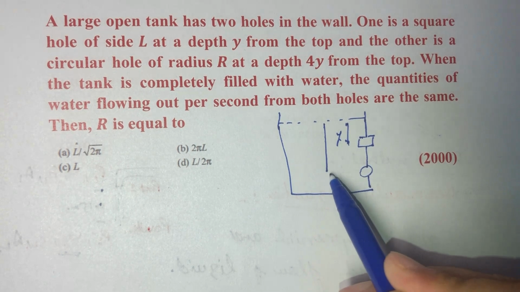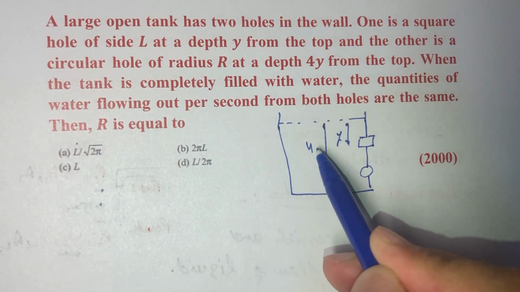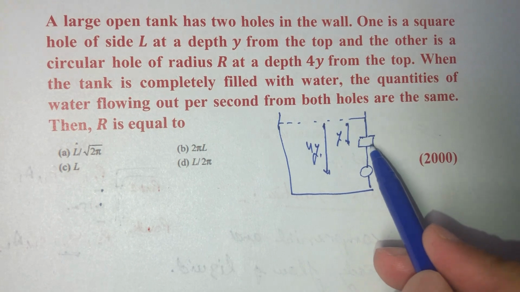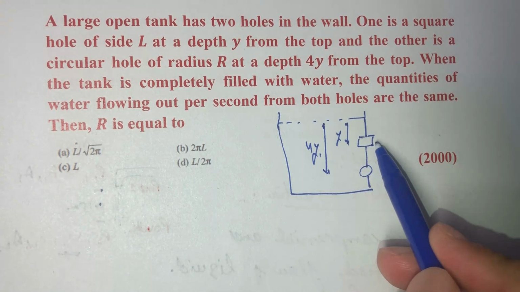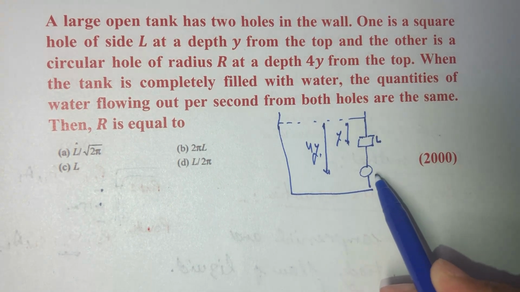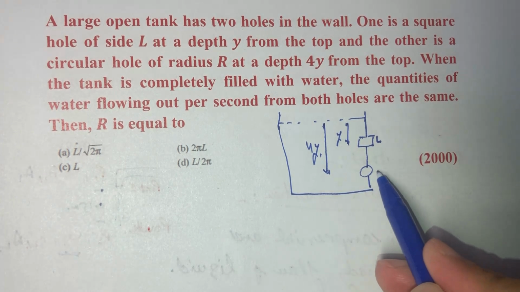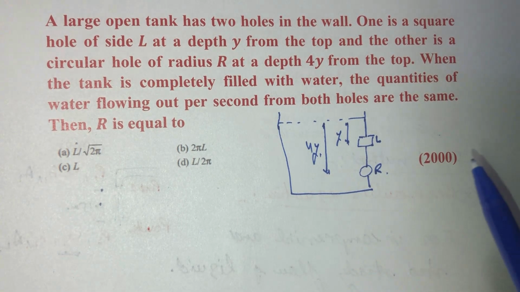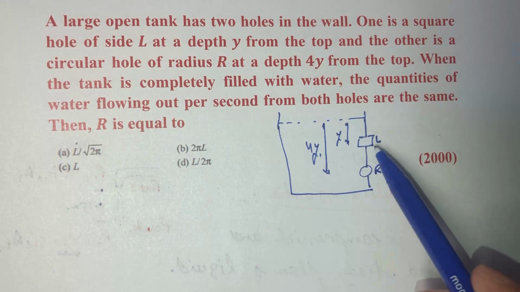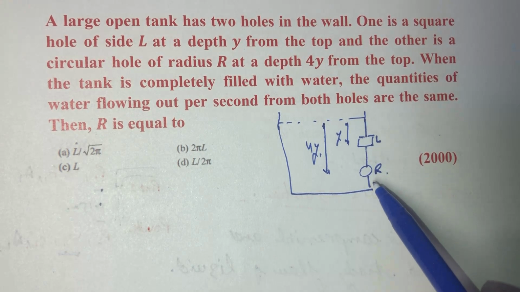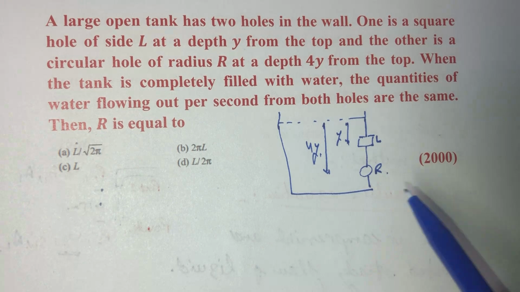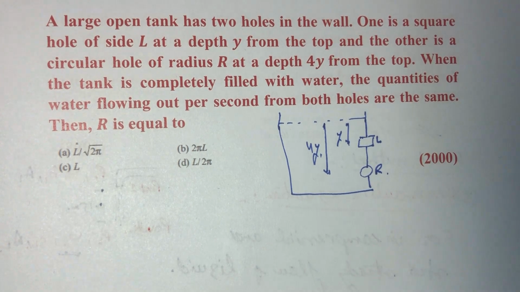The length of the square is L, and the radius of the circular hole is R. The water flowing per second from the square hole as well as the circular hole is the same. So we have to find the value of R in terms of L.